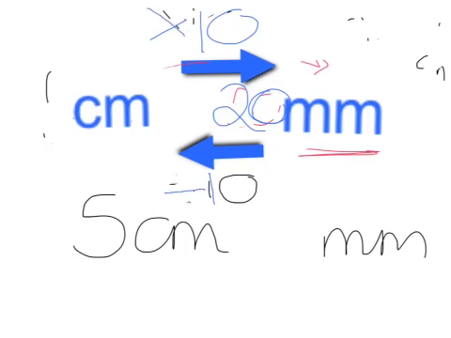Now this time, because I'm using this arrow along the bottom, because I'm going from millimetres to centimetres, I'm dividing by 10. And 20 divided by 10 is 2. And we can use this diagram with the arrows for any units. The only thing that might change is what I'm timesing and dividing by.